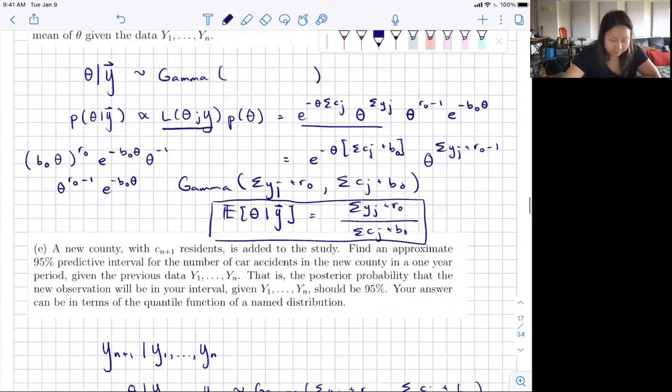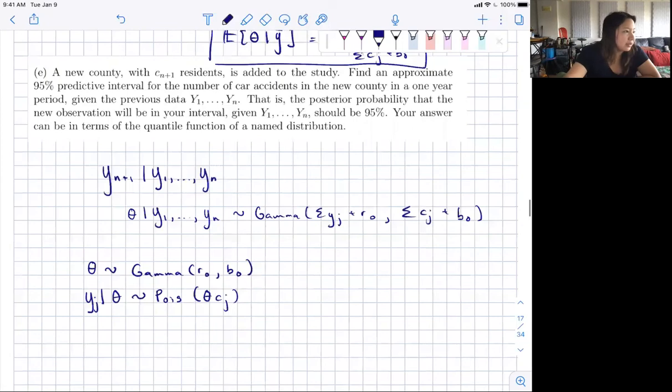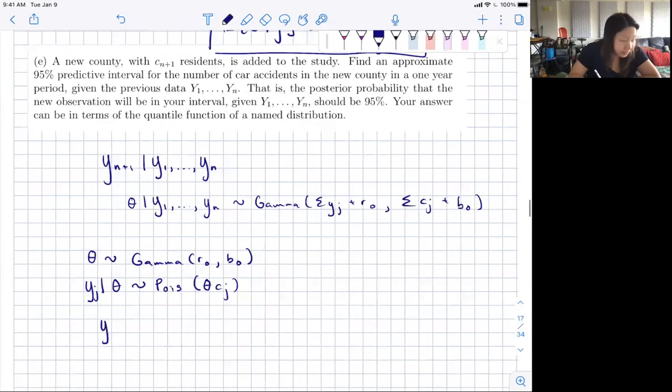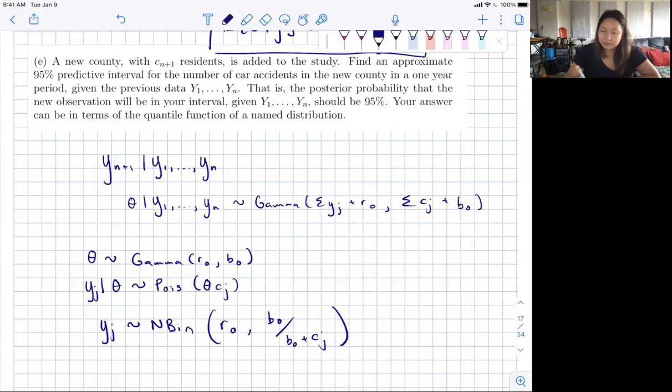This tells us that y marginally is distributed negative binomial with parameters r naught and b naught over b naught plus c sub j. That's in the prior, but now we have the posterior.